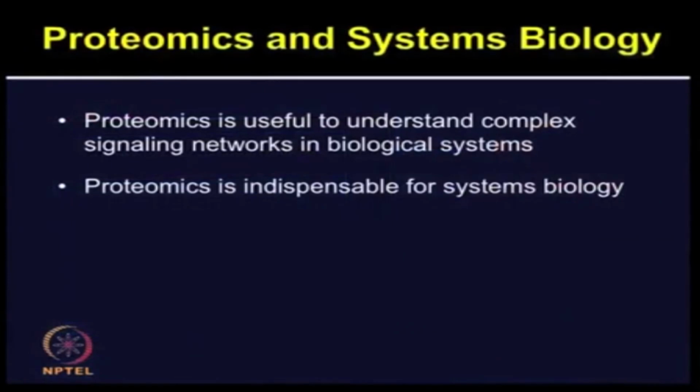So, how are proteomics and systems biology integrated? Proteomics, as we have studied, is useful to understand the complex signaling networks in biological systems. It is a very indispensable tool for systems biology. The global analysis of the proteome is important. However, there are many limitations. In each experiment, only thousands of proteins can be studied.